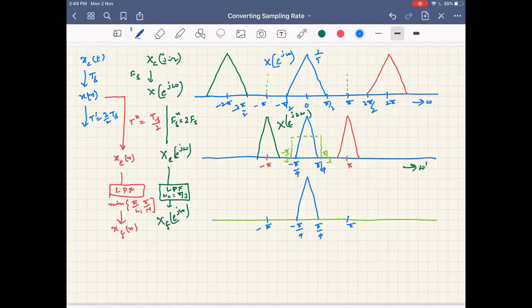However, if the frequencies in the original signal are from minus pi to pi, then it would make a difference. So here we apply a low pass filter from minus pi by 3 to pi by 3. With a gain of how much?